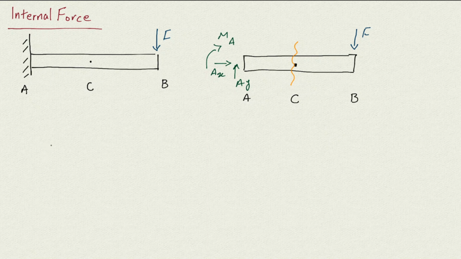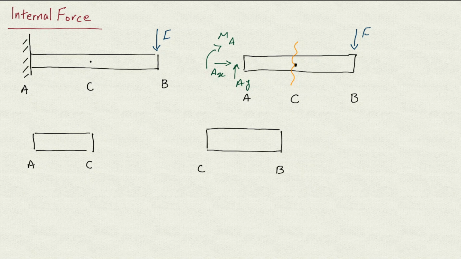So we have two sections. If I cut through C, we would have the section AC, and this is the C, and then we will have the section CB.